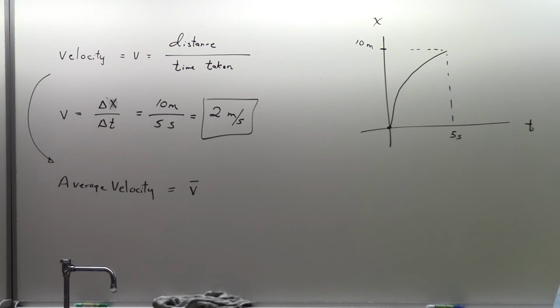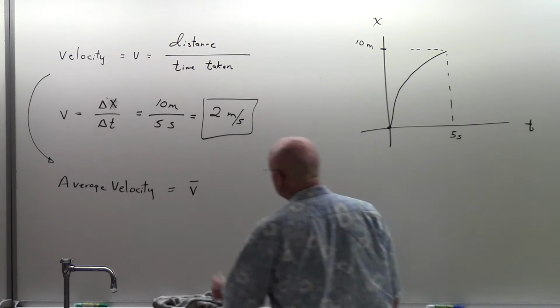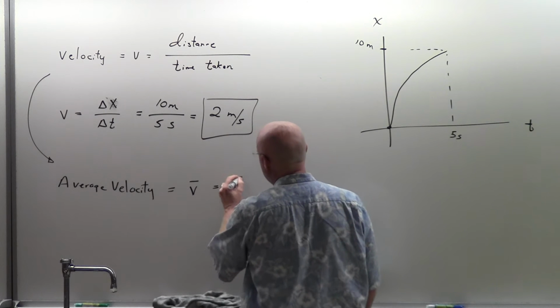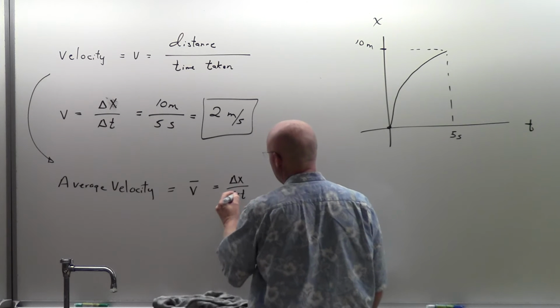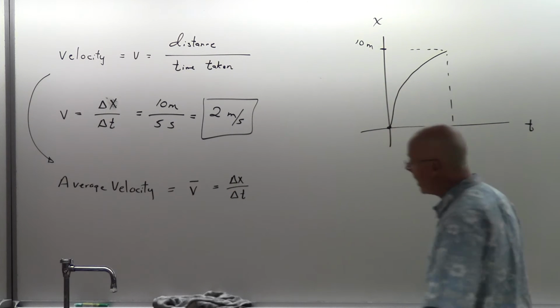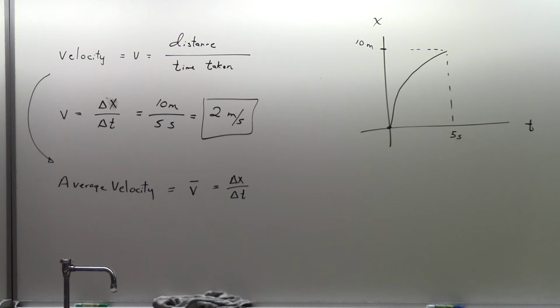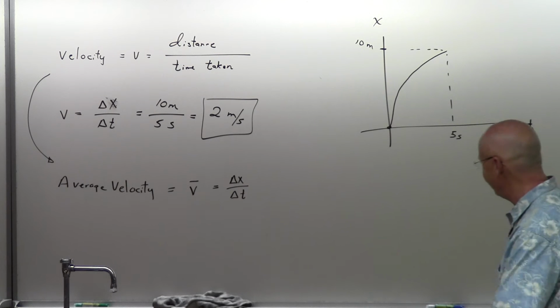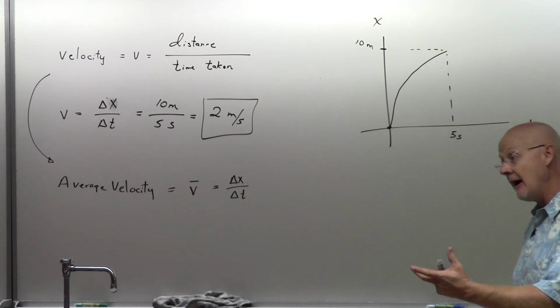And so velocity, you put a bar over it, you mean average velocity. And so a little more accurate here is to say that what I have just been talking about for the last 5 minutes is really not velocity per se, as in instantaneous velocity that we will mention here. This is more of an average velocity.